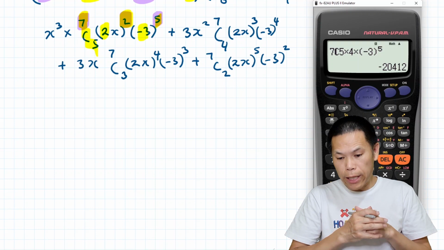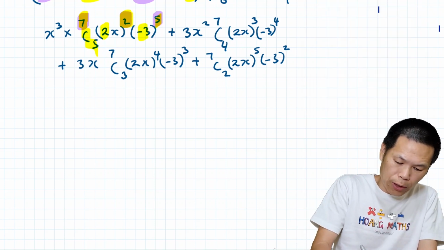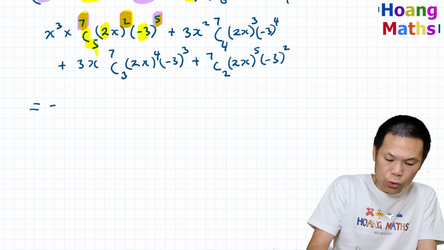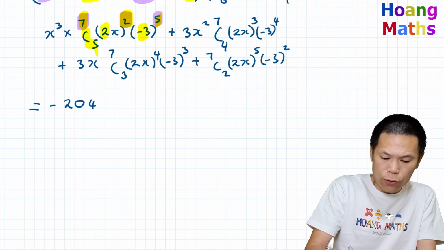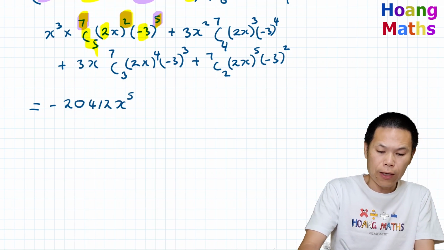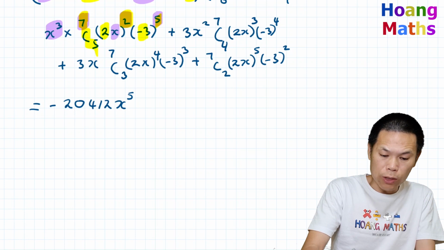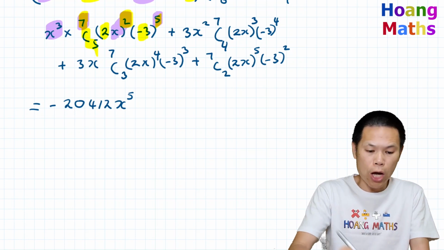So there you go, negative 20,412, of course x to the power 5. Keep that in mind because we have x power 3 and we times x squared.